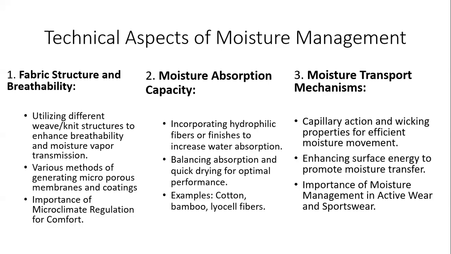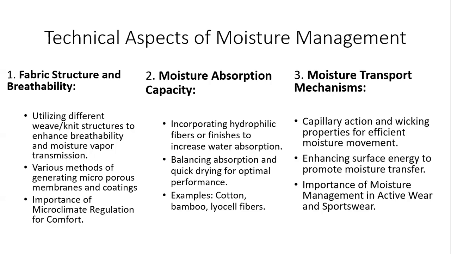Interestingly, they developed certain woven structures with long floats. Long floats mean the cover factor is very high. These are technical terms that we use for different woven structures. The cover factor is very important because it basically regulates the moisture absorption level, the moisture transportation, as well as the heat conduction.